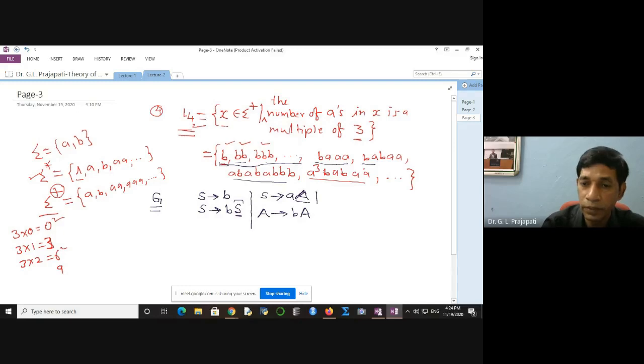Now if A starts with a, now how many a's do you have? 1 and 2 already. So here the problem will become different, because whatever number of a's here must be a multiple of 3 minus 2, because 2 you have used here.